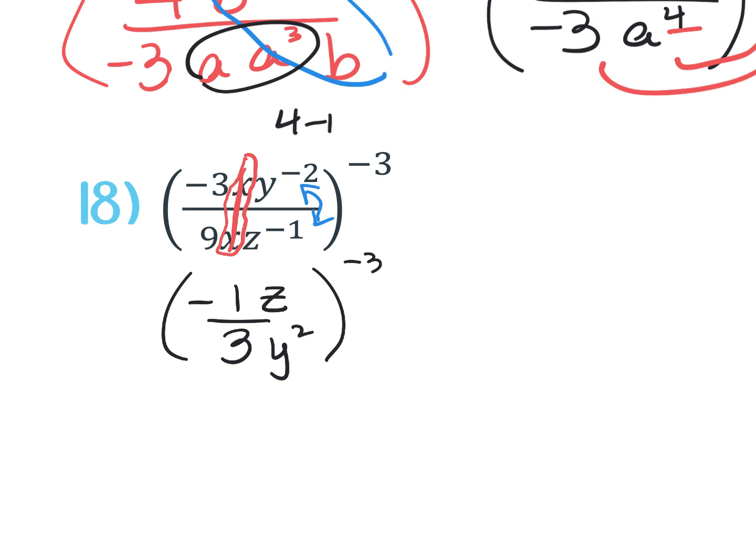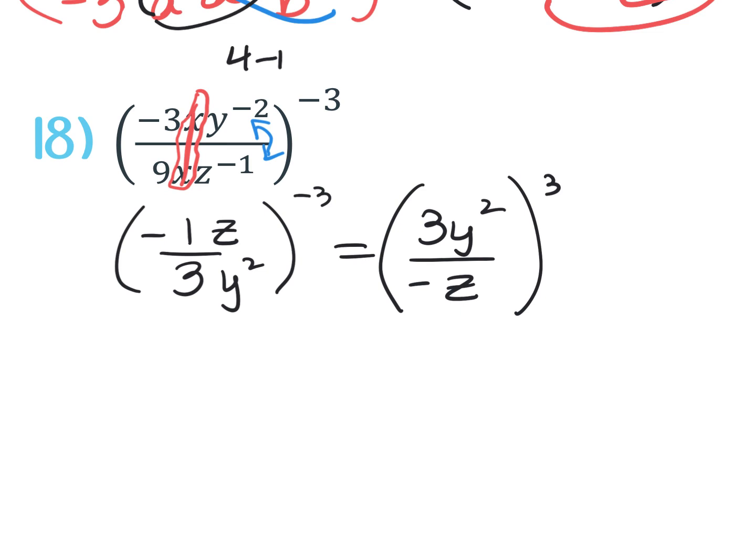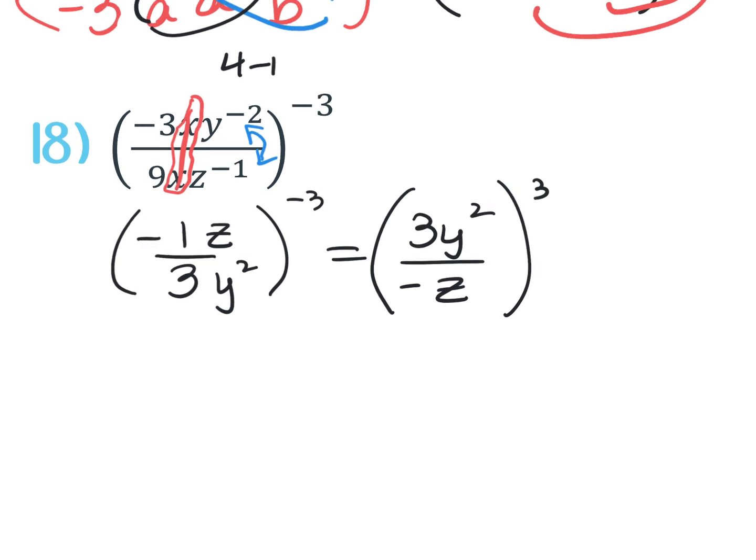Now I'm going to flip it to its reciprocal. So 3y squared over -z. And now it's a positive 3 exponent because I flipped. And now I'm going to cube everything in there. I need to cube the 3. And I need to cube the y squared and cube the -z.